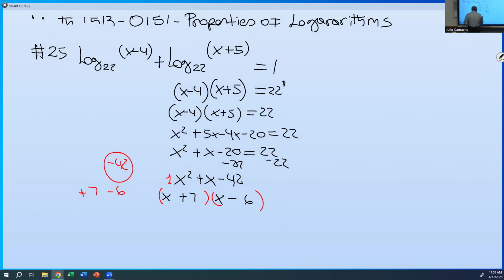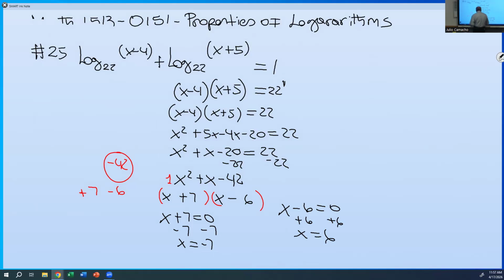And we need to set both to 0 to find the answer of this equation. x plus 7 equal to 0, you subtract 7 from both sides, x is equal to negative 7. And then x minus 6 is equal to 0, and when you add 6 to both sides, x is equal to 6.